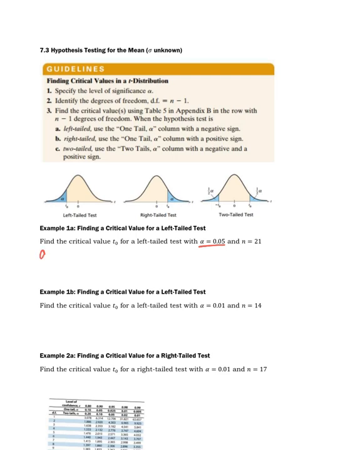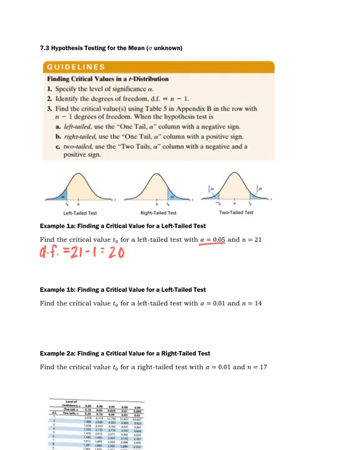The degrees of freedom is going to be our n value minus 1. So 21 minus 1 is 20. And now we're going to use our chart. Our row is going to be 20 and our column is going to be 0.05. So let me just pull that chart up here.